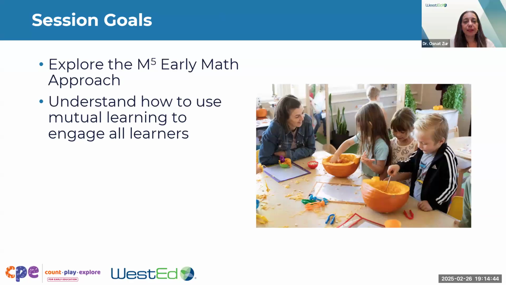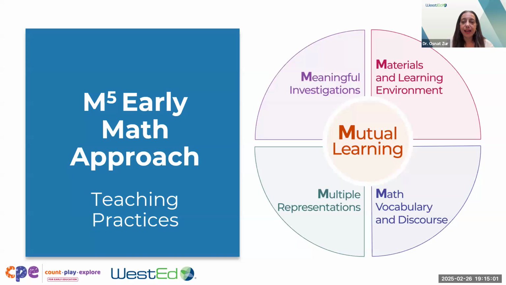Thank you, Lexi. So in the session today, we'll explore the M to the 5th early math approach. We also want to think about how to use mutual learning specifically to engage all learners. M to the 5th, as you'll see, has 5 components. Mutual learning is in the middle.